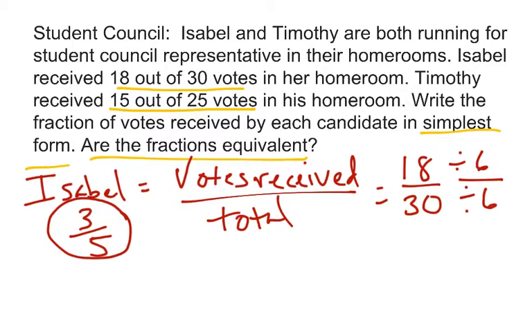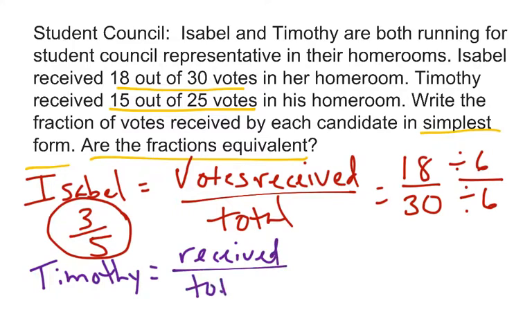Now let's look at Timothy. So Timothy received, again, votes received over the total. He received 15 out of 25.